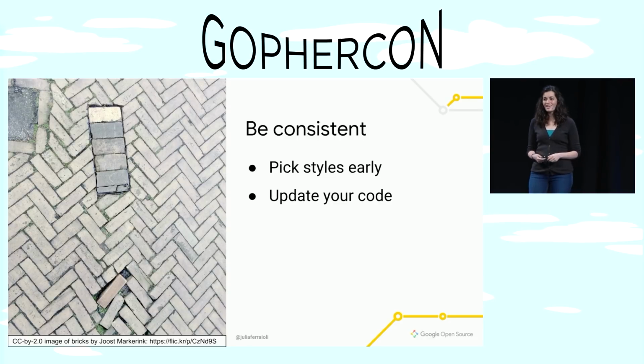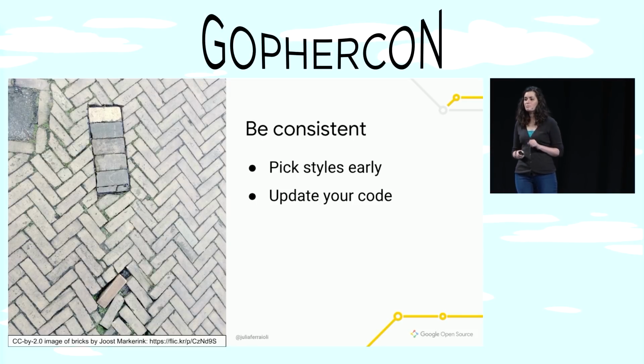If you change styles midway through writing your code, I'm glad you thought about changing your style, but you have to go back and update the rest of your code base. Someone coming into your code isn't going to know the point at which you decided to change your habits, your practices. So you do need to go back and update your code.